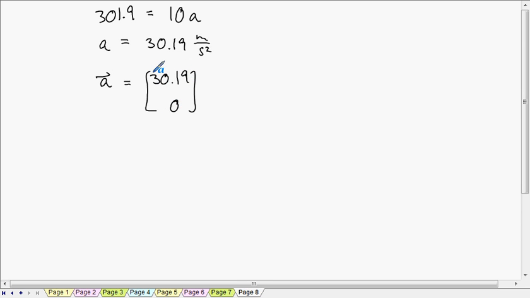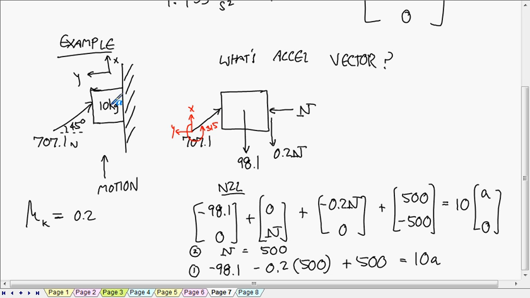So is it accelerating up or down the wall? Up. And so is it speeding up or slowing down? Speeding up because it's in the same direction as the motion. Any questions about that?